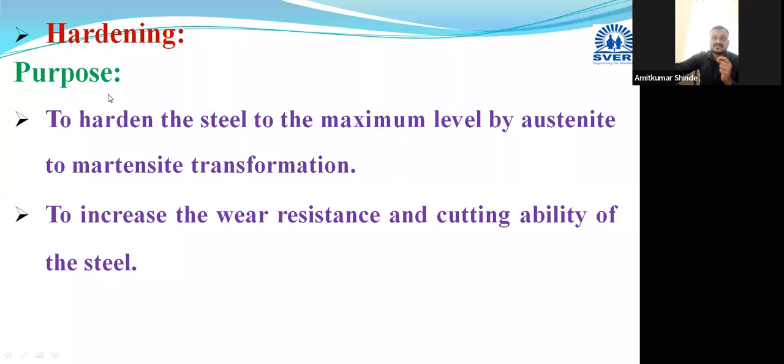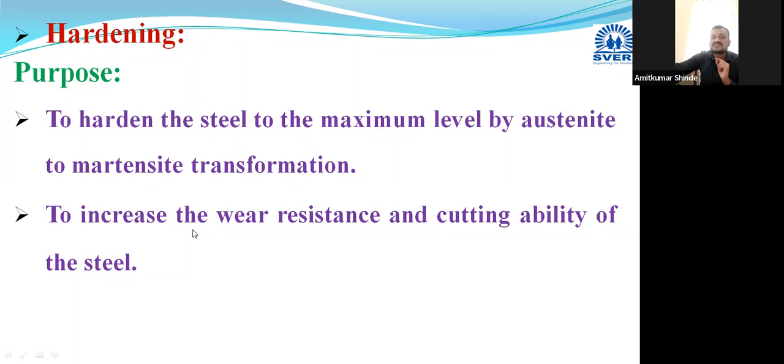Okay, this is our aim of the hardening, to harden the steel to the maximum level by austenite to martensite transformation. For this we are conducting this hardening treatment process.